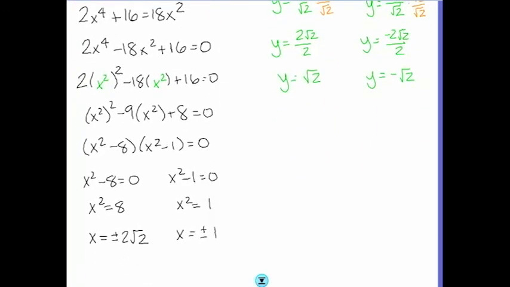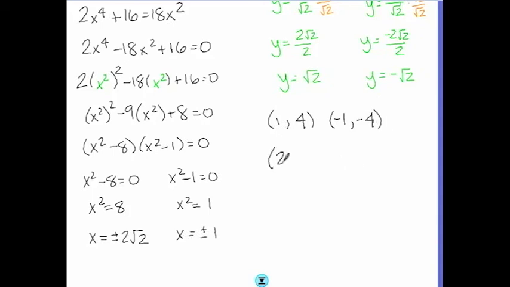When I write out my final answers, I need to make sure that I carefully match up the x's with the y's. So when I plugged in positive 1, I got positive 4 as my y value. When I plugged in negative 1 for x, I got negative 4 as my y value.